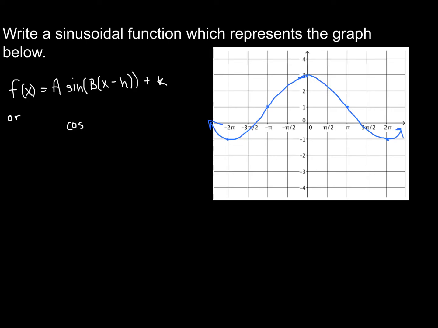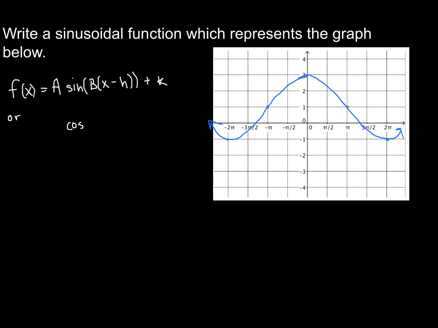All right, so I wrote out the general form of a sinusoidal function. What you'll notice is that there are two versions, but the only difference between them is whether it's a sine or a cosine function. Armed with the key characteristics of sine and cosine, we're going to be able to pick whether we want to use a sine or a cosine function very easily.